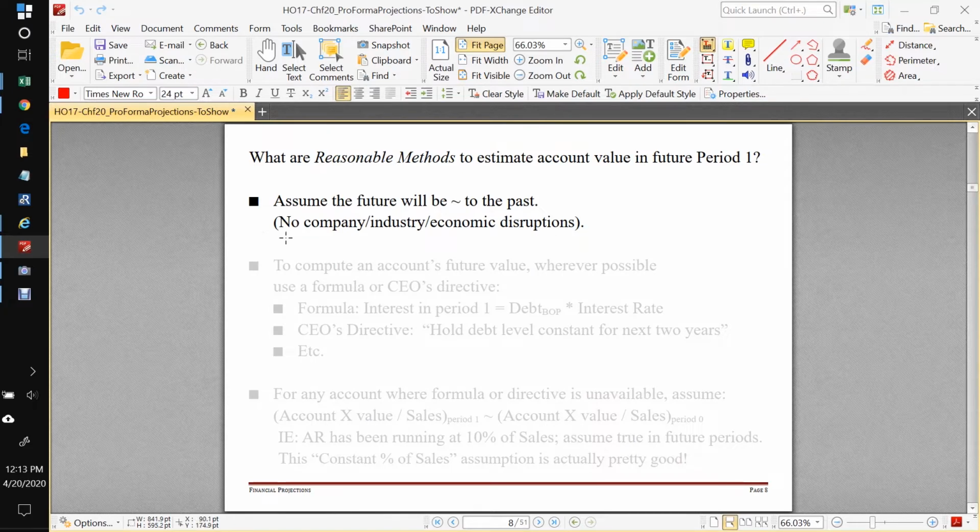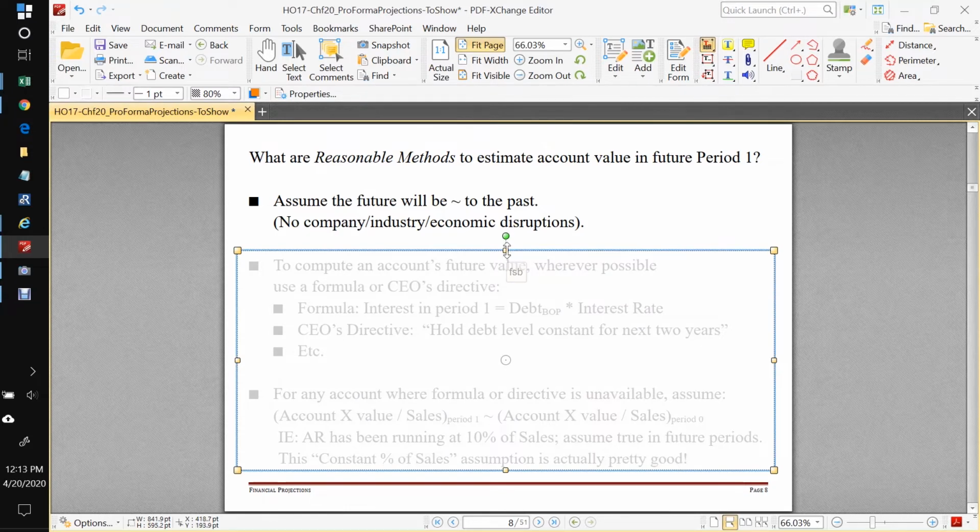What I mean here is that we're not going to have any disruption in the industry. Uber is not going to come in and upend the taxi industry, for example. We're not going to have a major recession or depression, and the CEO of the company is not going to go crazy and say, all of a sudden, we're changing the whole company from making cars to making only toothbrushes or something crazy like that.